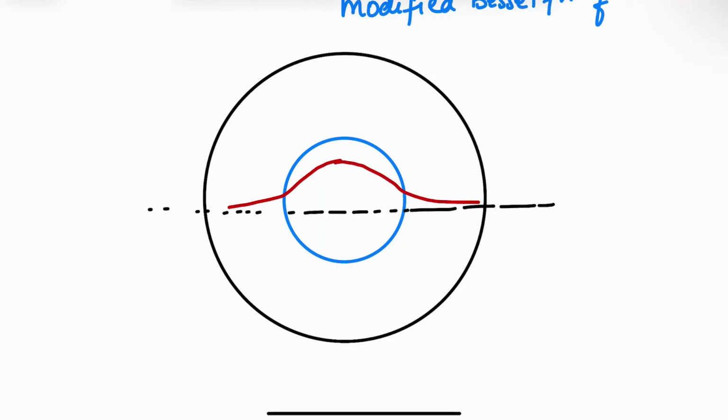Or it could have a mode profile like this, or any of the other higher order modes. Maybe I'll draw one more. Maybe it's like this. And so on.